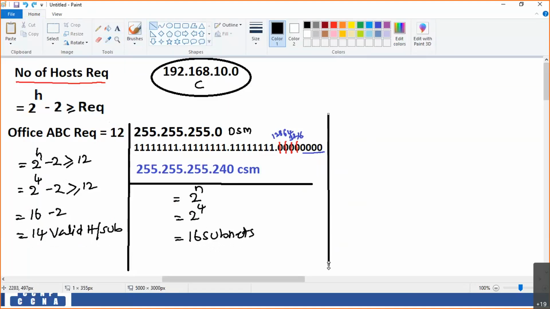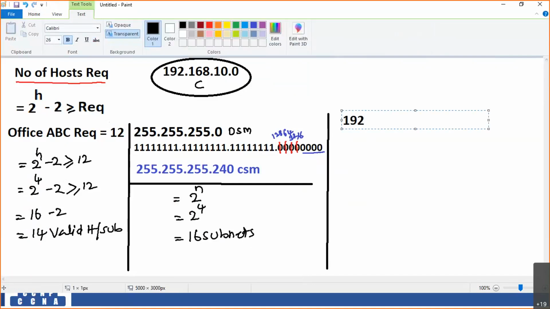192.168.0. Our base subnet is what? Not 0. The first one is 192.168.10.0. So what is the magic figure here? The least converted bit, 16, is the magic figure. So the next is 192.168.10.16.